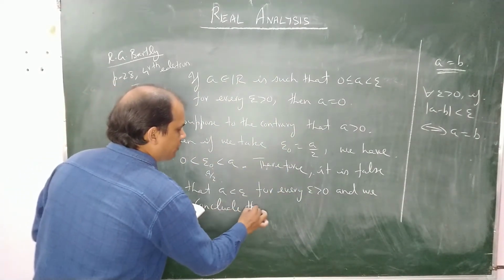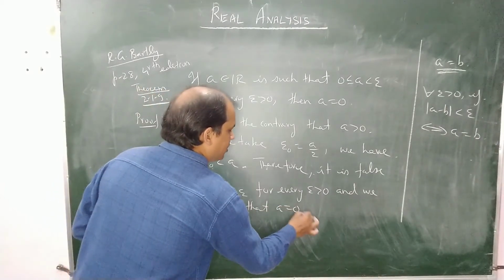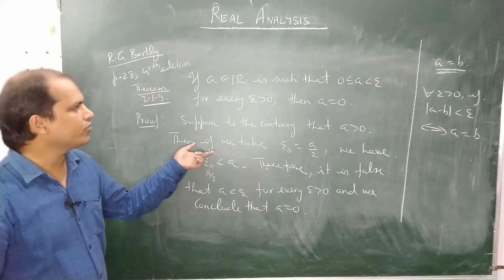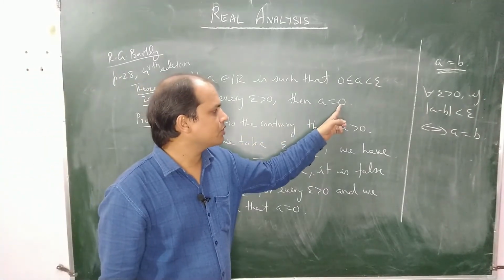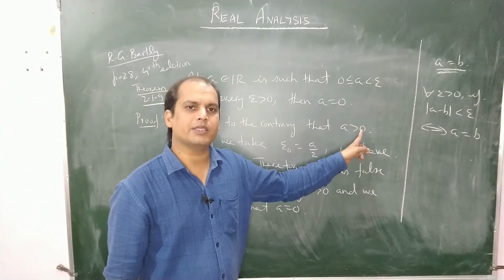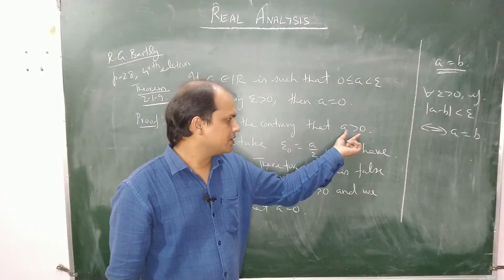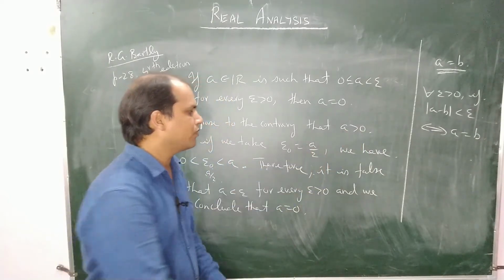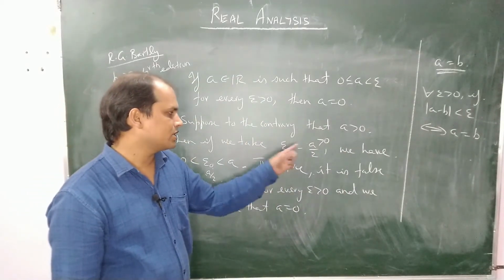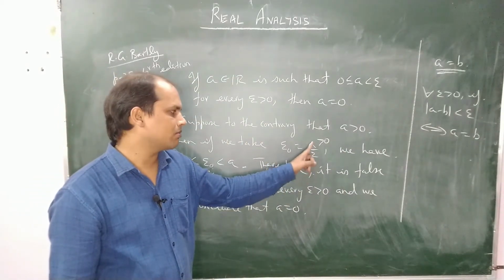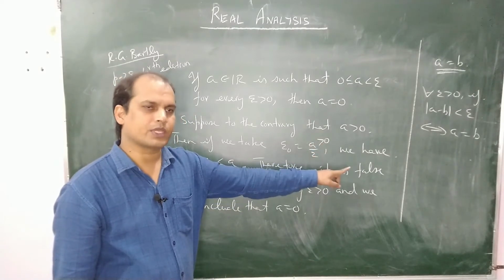So this is also one of the methods, a very simple proof. Suppose in place of a equal to 0, let a be strictly greater than 0. Then obviously a by 2 will be greater than 0. Let me call this one epsilon naught. Since a is a real number, a by 2 will again be a number greater than 0.